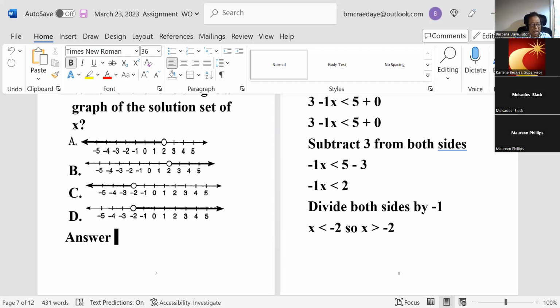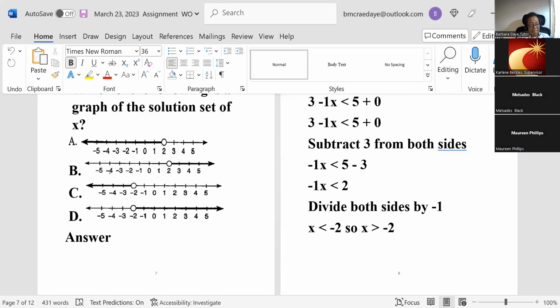Which one shows x greater than a negative 2? Is it B? Oh no. It's x greater than a negative 2. I'm looking at the 0, the 2. It's not B. It's not C, right?